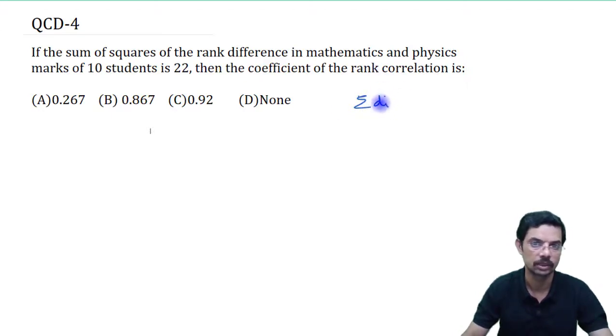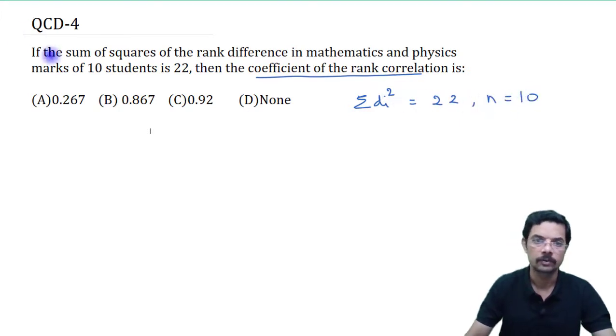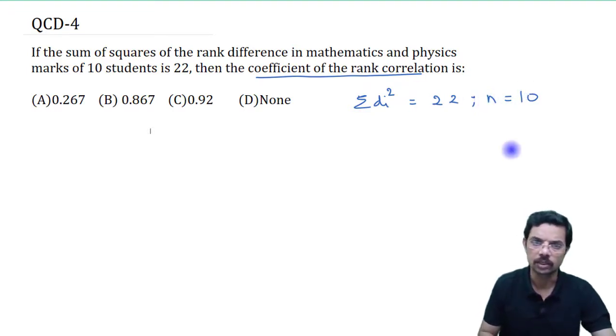So it is a rank correlation coefficient type of question. Sigma di square is given as 22, and n is equal to 10. So how to find the rank correlation coefficient?